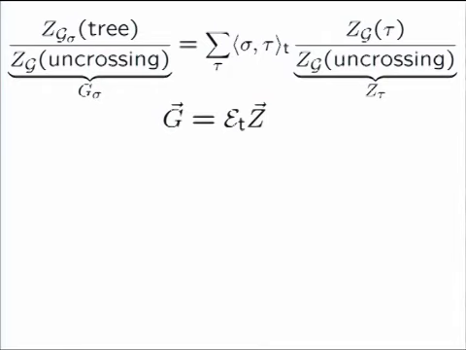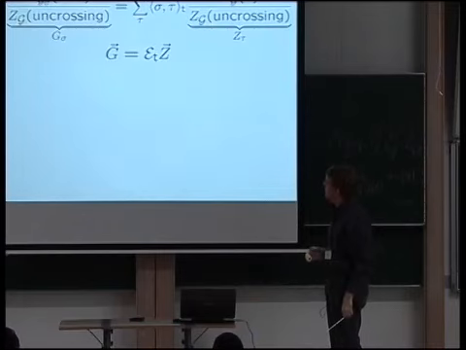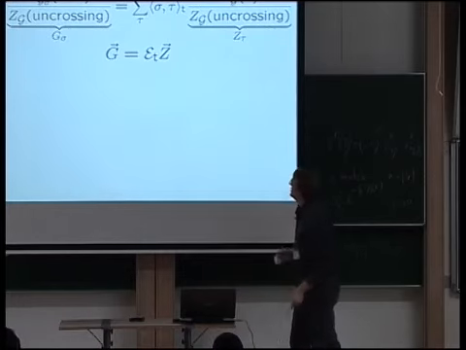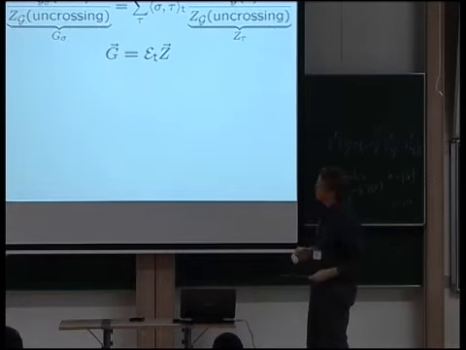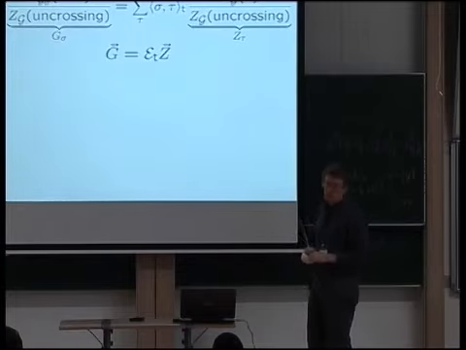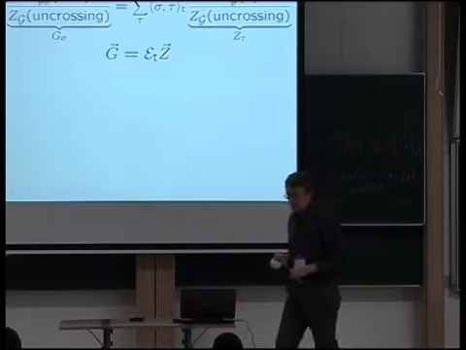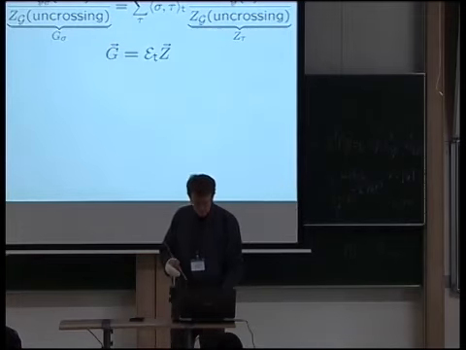The z vector is these z taus for all the different choices of tau. And E is this extended graph matrix where tau is allowed to range over all the partitions and not just the non-crossing ones. And so that's just the same equation as above.